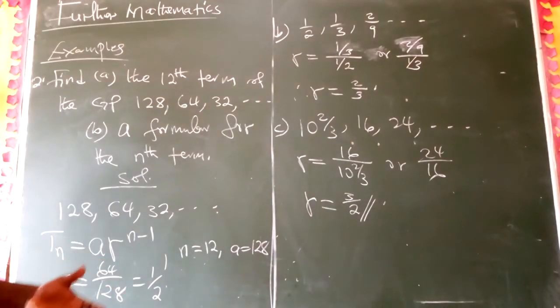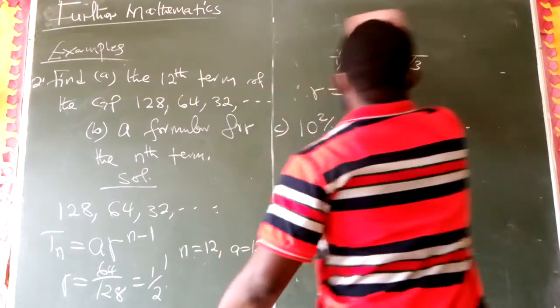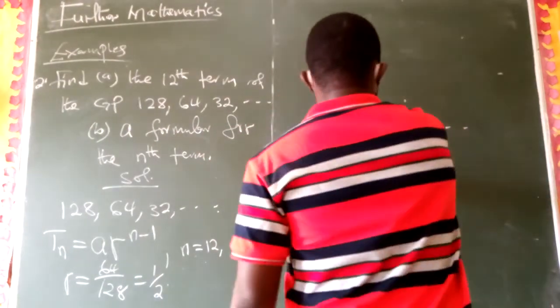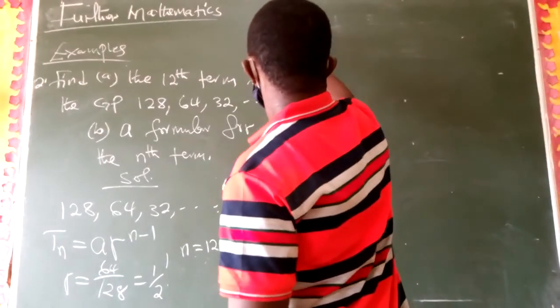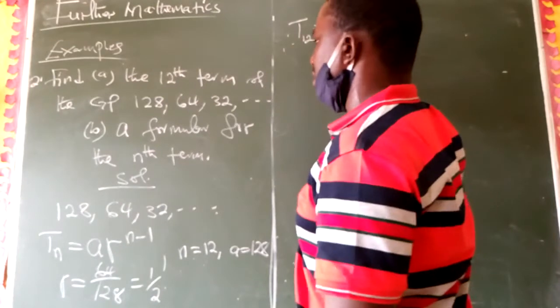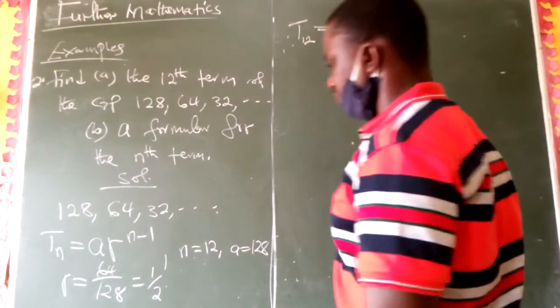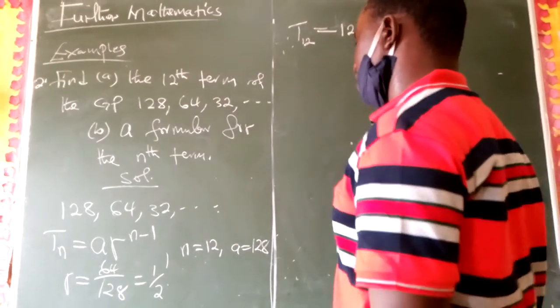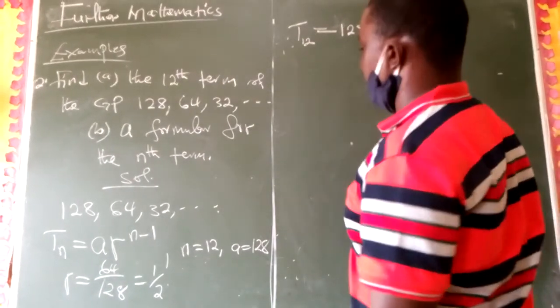So I'm going to carry these values and put them into this formula. This means that my T12, the 12th term, is going to be equal to my first term A, which is 128, then the common ratio is a half, 1 over 2, raised to power n minus 1.